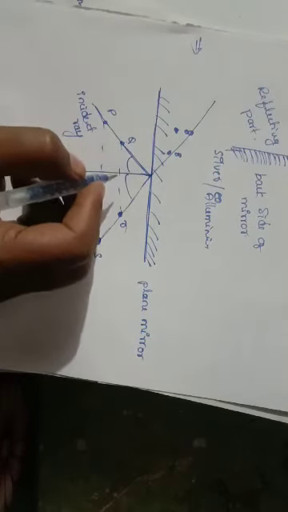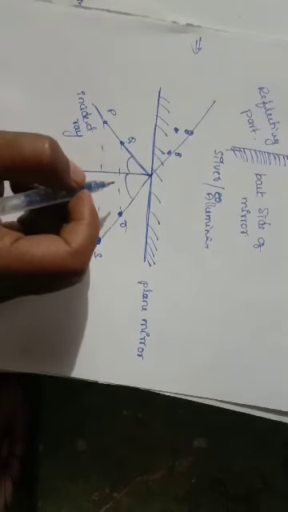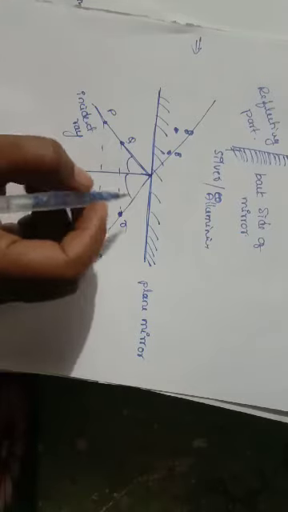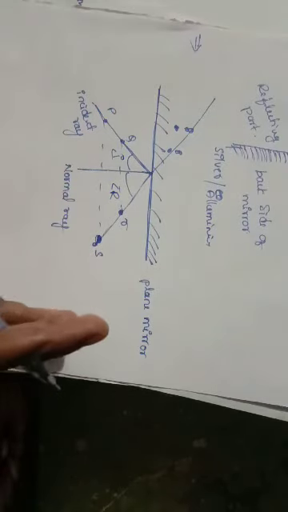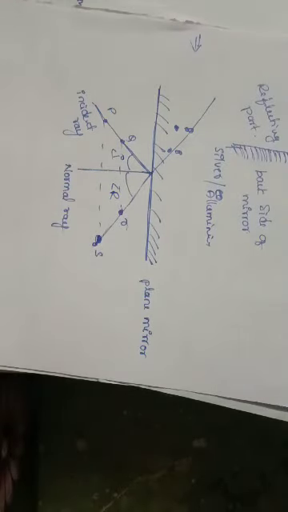My diagram is not good. If possible, you should try to do this experiment practically. The angle of incidence is equal to the angle of reflection, and all three are lying in the same plane. So the second law is also obeyed here. So this is about plane and curved or spherical mirrors.